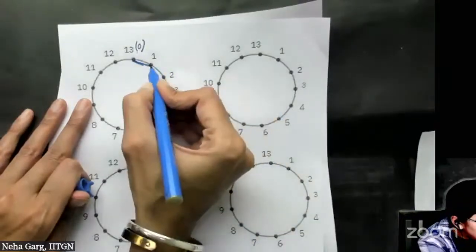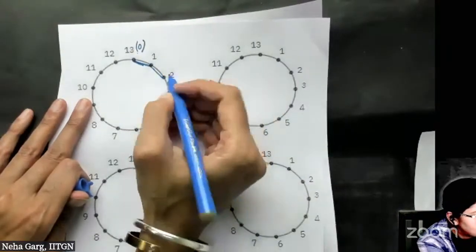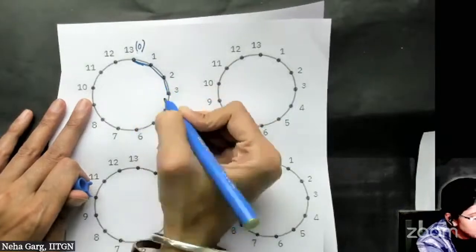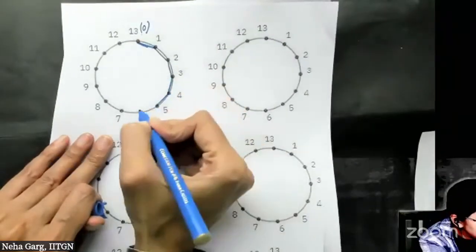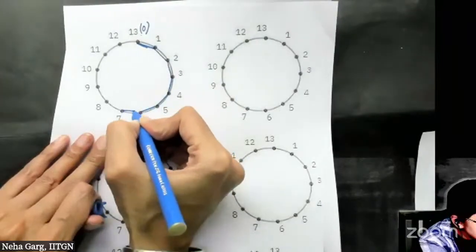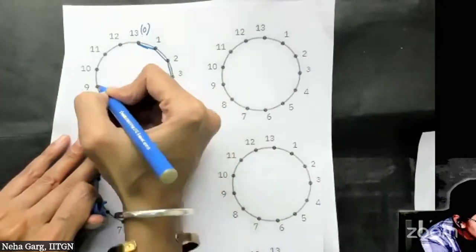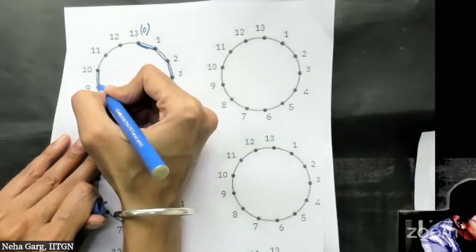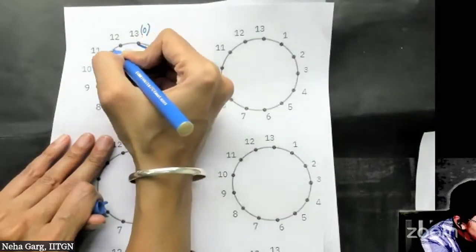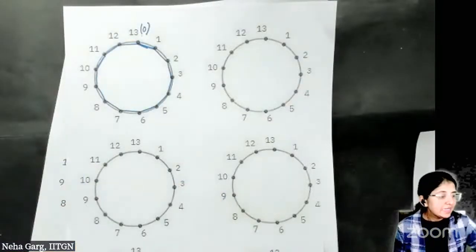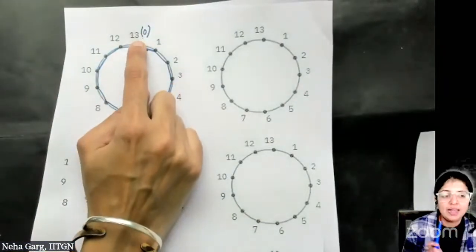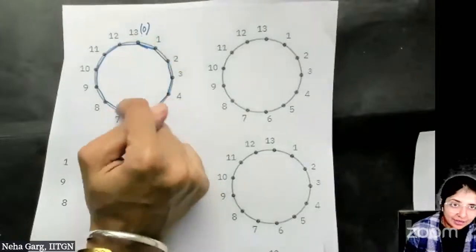Then 1 plus 1 gives me 2, and I will go to 2. 2 plus 1 gives me 3. 3 plus 1 gives me 4. 4 plus 1 gives me 5, 6, 7, 8, 9, 10, 11, 12, and 13. So when we keep on doing this until we reach the last point, we get a shape.